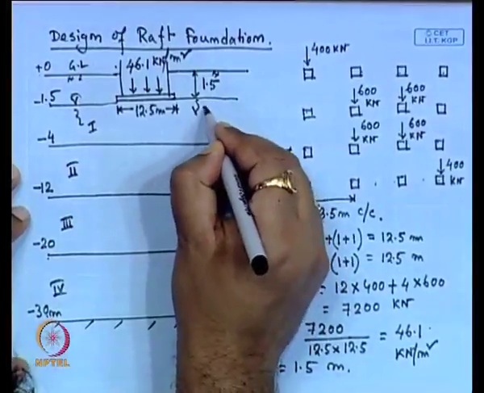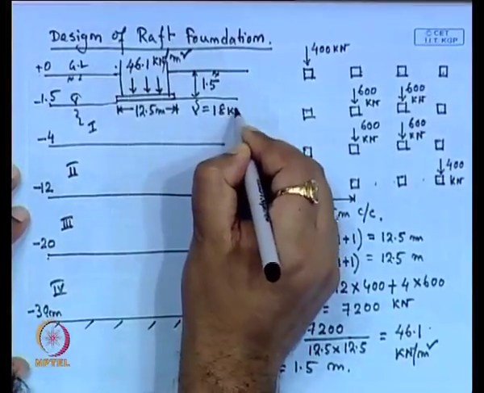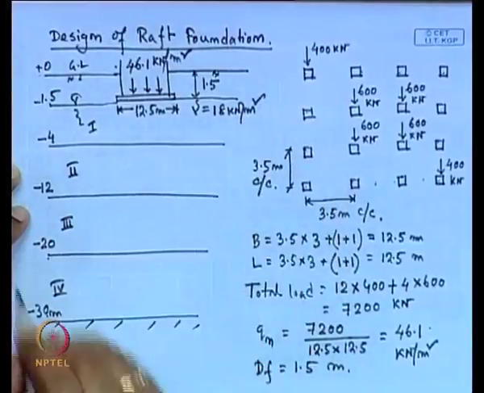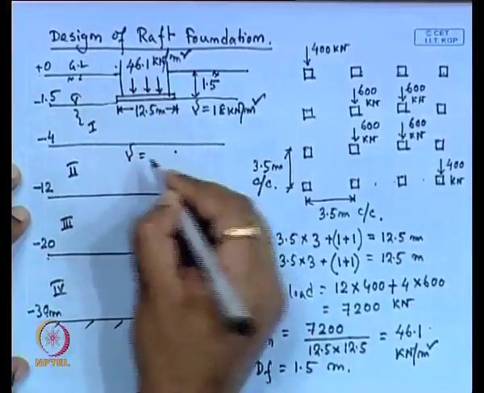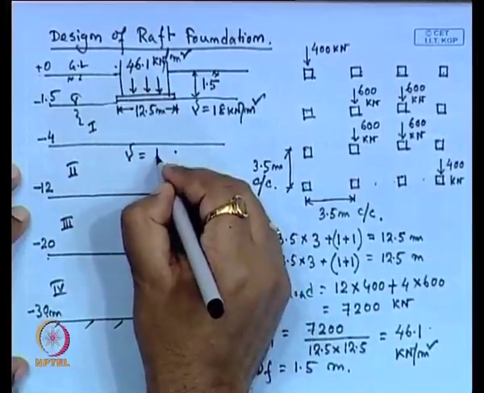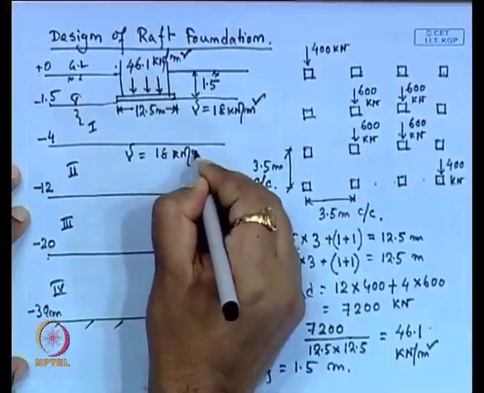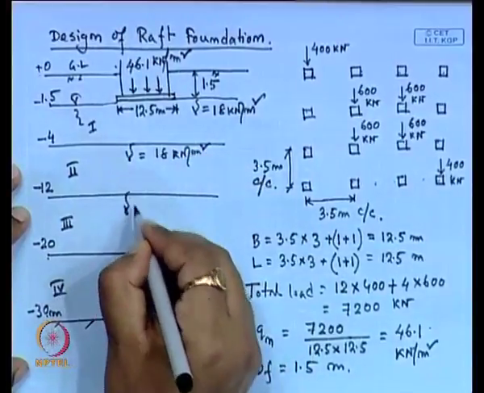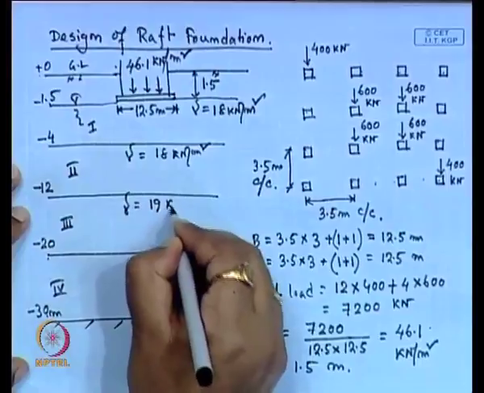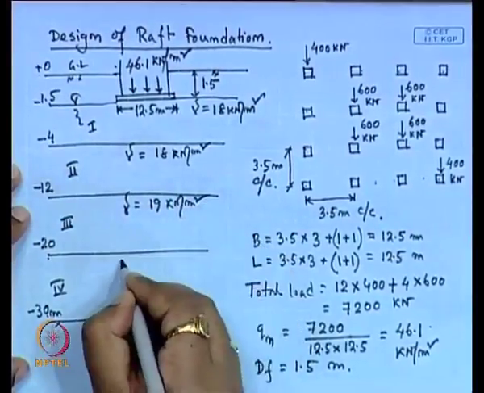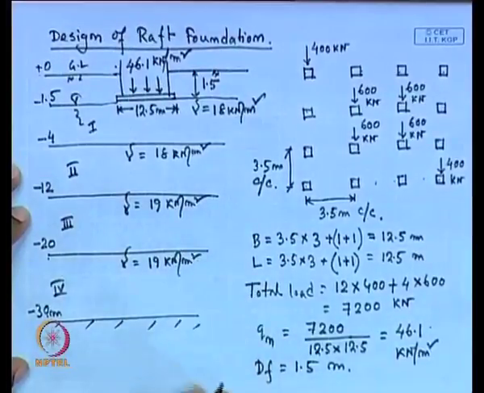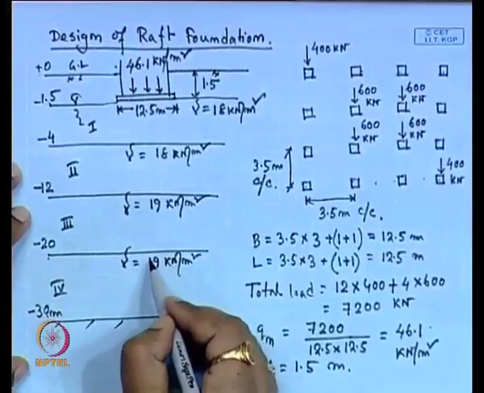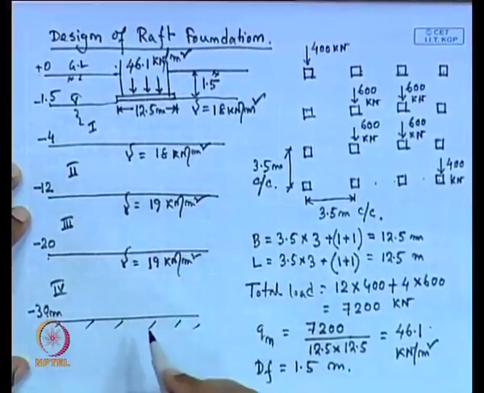Gamma for the first layer is 18 kilonewton per meter cube, for the second layer also 18, for the third layer 19, and for the fourth layer 19 kilonewton per meter cube. These are all saturated unit weights of the soil that we are using.